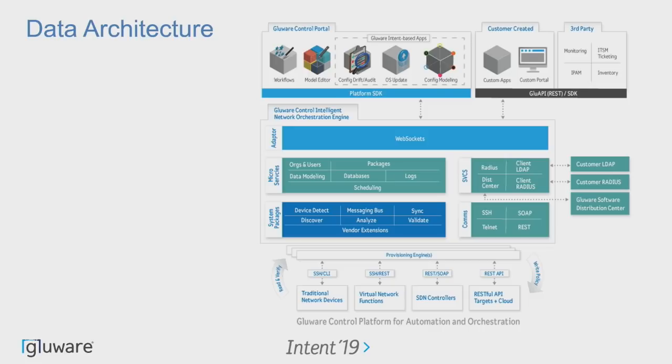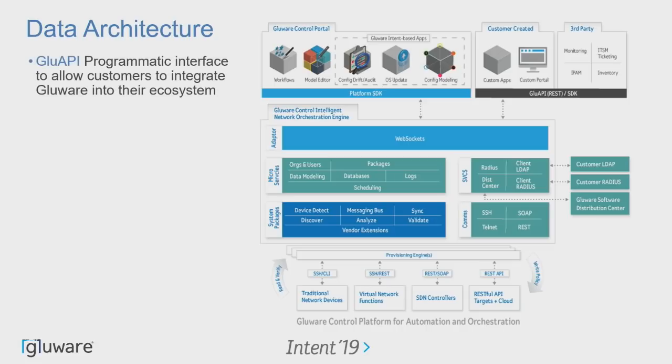But there are many use cases in enterprise software today where you want to tie that into the rest of your enterprise and the rest of your system. The Glue API gives us that portal to access all of the data and underlying objects, elements, and events that exist within Gluware.